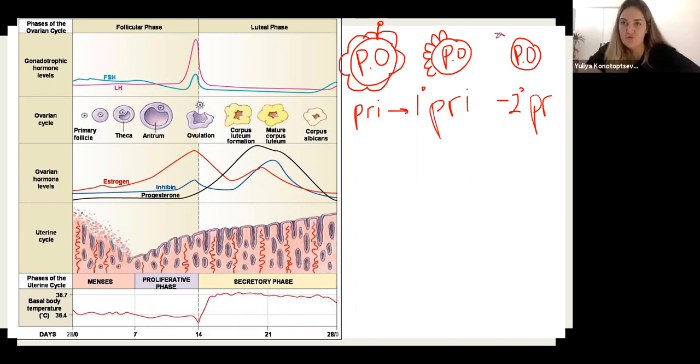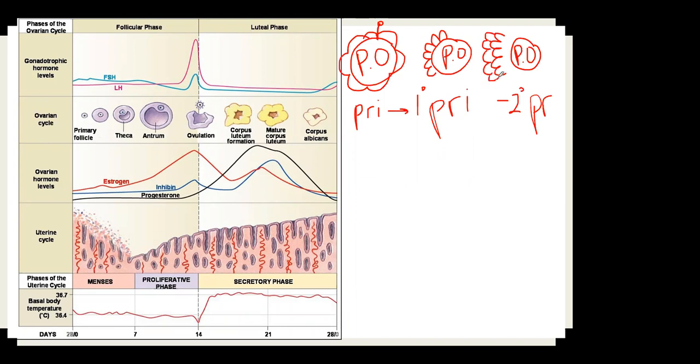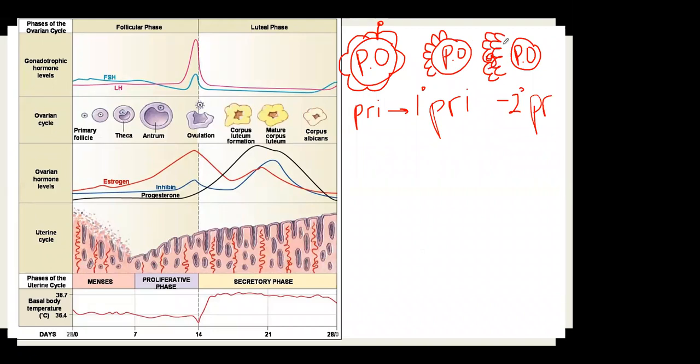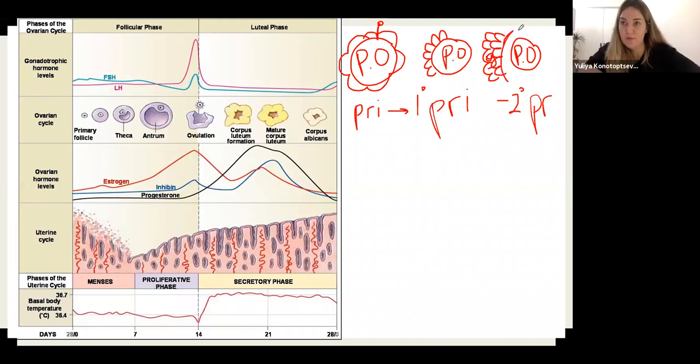Here we have stratified cuboidal follicular cells. How do we call them? Granulosa cells. What do these granulosa cells do? Secrete zona pellucida, which is surrounding your primary oocyte. So this red line right here, this is your zona pellucida. It is a glycoprotein, which is outside of the primary oocyte, but is below the granulosa, right?